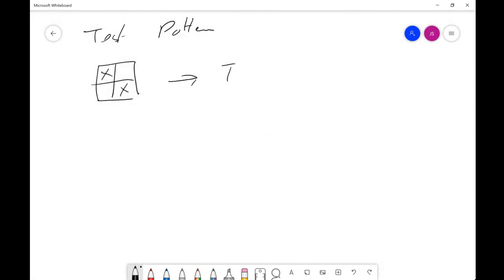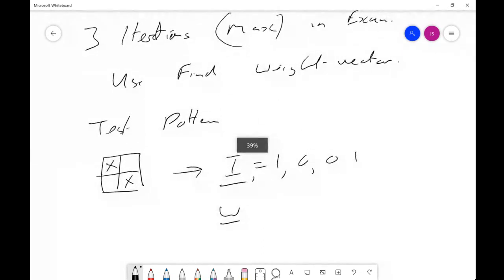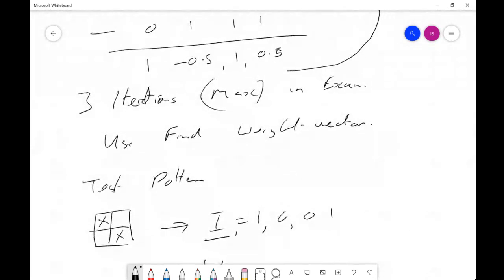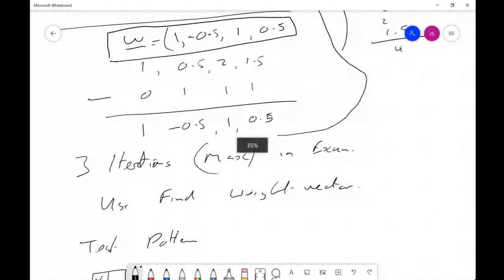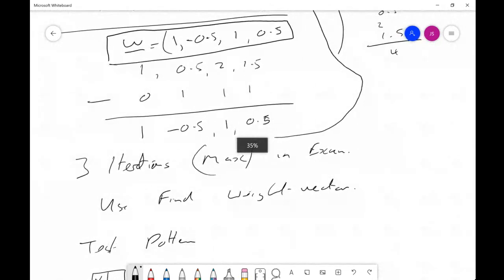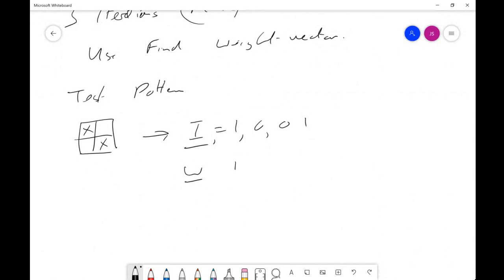And that will give me input pattern scanning from the top. It would be 1, 0, 0, 1. And if my weight vector was 1, minus 0.5, 1, 0.5, there is my weight vector.